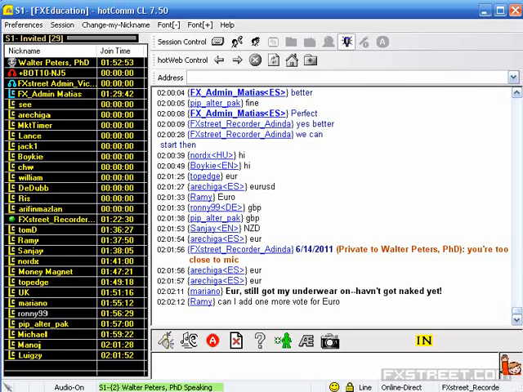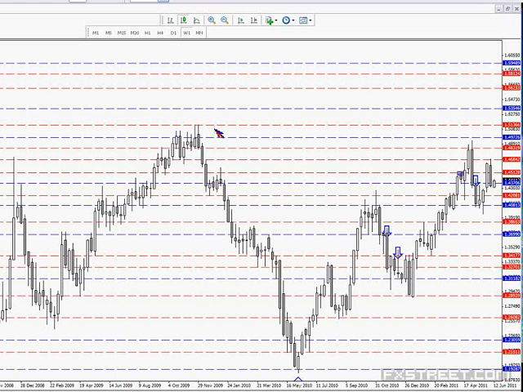Now, what I basically do, if I'm looking at, say, the daily chart on the euro, I'll go back and draw on these lines on the weekly chart. And so what ends up happening is I get a bunch of these lines on the chart. And you're probably asking yourself, well, why are these lines here?